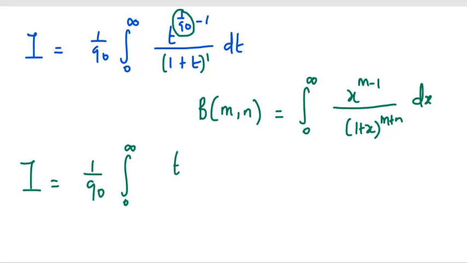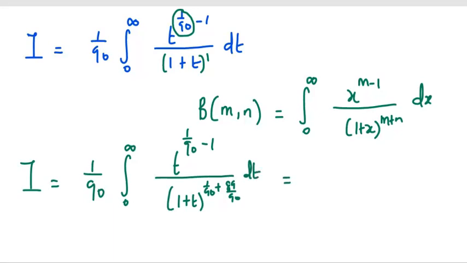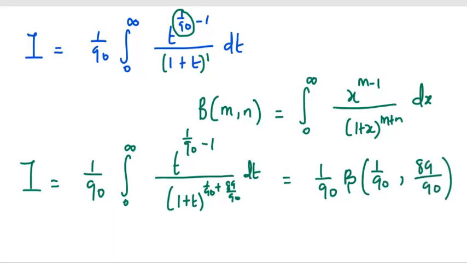So here we have t raised to the power of 1 over 90 minus 1, then divided by 1 plus t raised to the power of 1 over 90 plus 89 over 90, and then we have the dt. So this is going to be equal to 1 divided by 90 multiplied by the beta of 1 over 90, comma 89 over 90. Is that all? No.